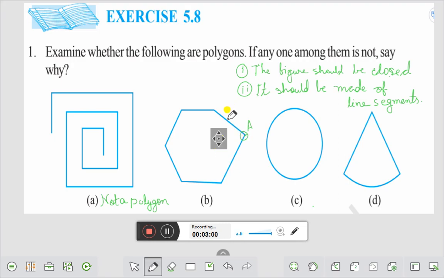And all these are line segments: 1, 2, 3, 4, 5, 6. Therefore, it is a polygon, right? A polygon is a figure which should be closed and made up of line segments. Therefore, it is a polygon.